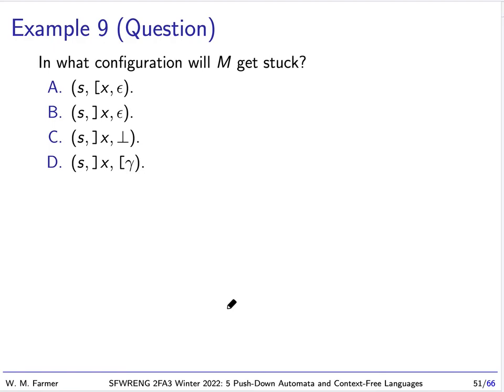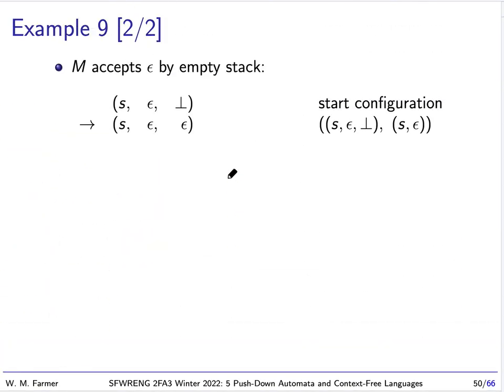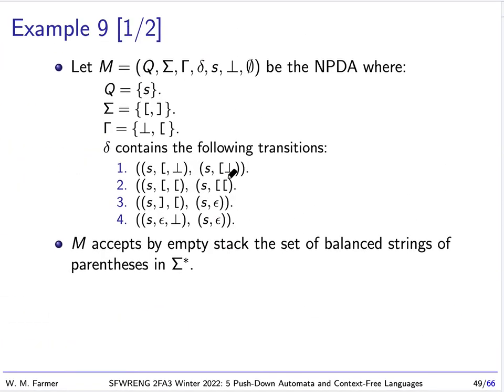Okay, welcome back. Let's go through these one by one. So the first one is we have a string that begins with a left parenthesis and our stack is empty. What can we do? Well, actually, we can't do anything, because if you notice these transitions, we have no transition when the stack is empty.